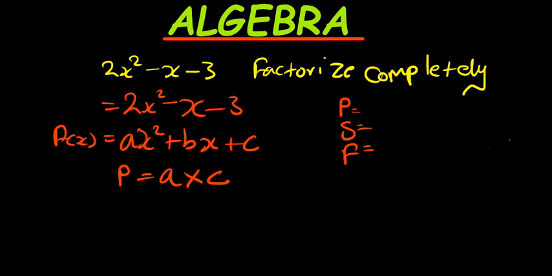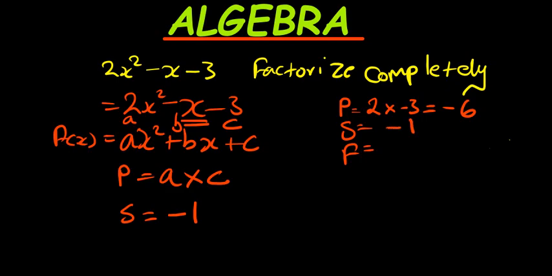So our a is 2, our b is negative 1, and our c is negative 3. Multiplying a by c means multiplying 2 by negative 3, which gives negative 6. The sum is just the coefficient of x, as it is there, which is negative 1. So our sum is negative 1.